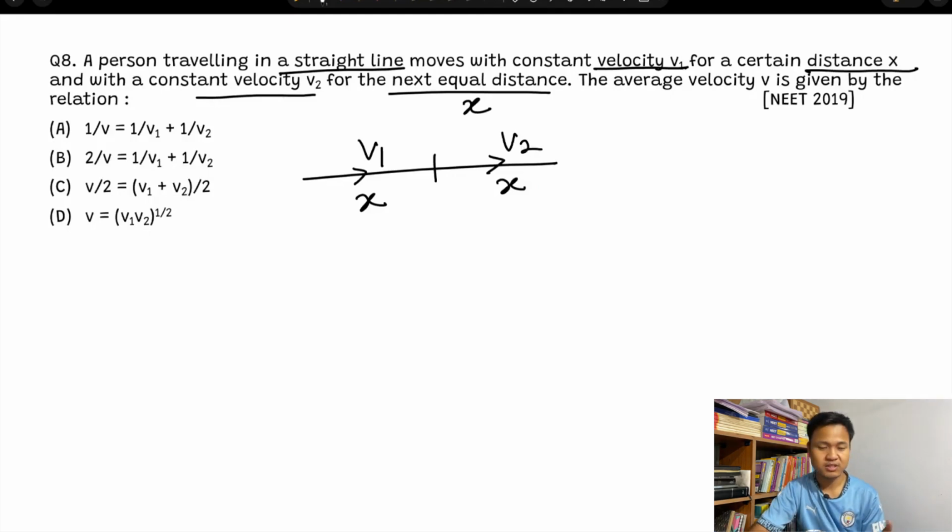What is the average velocity? It is in a straight line, and when you're going in a straight line, distance and displacement are the same thing. That means speed and velocity are also the same thing, so don't get confused here.